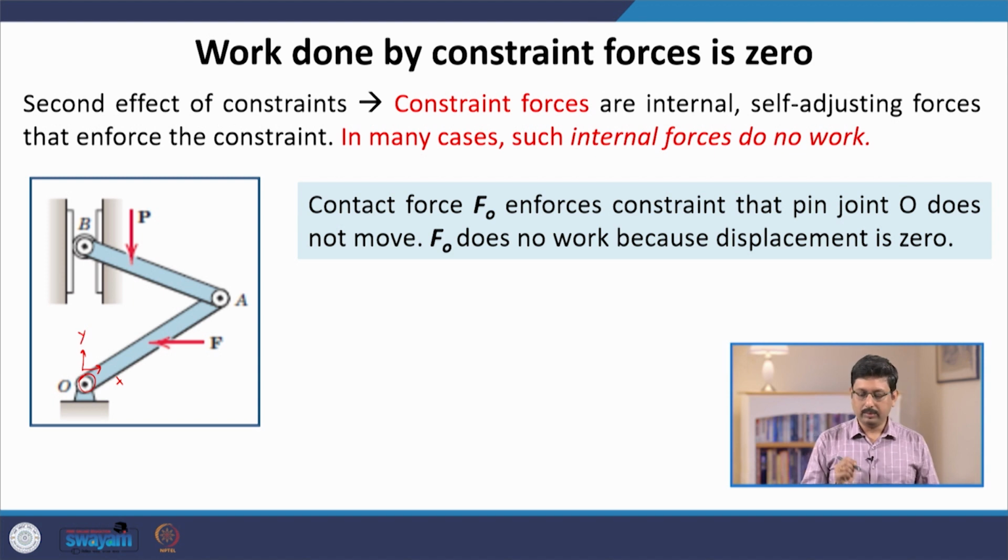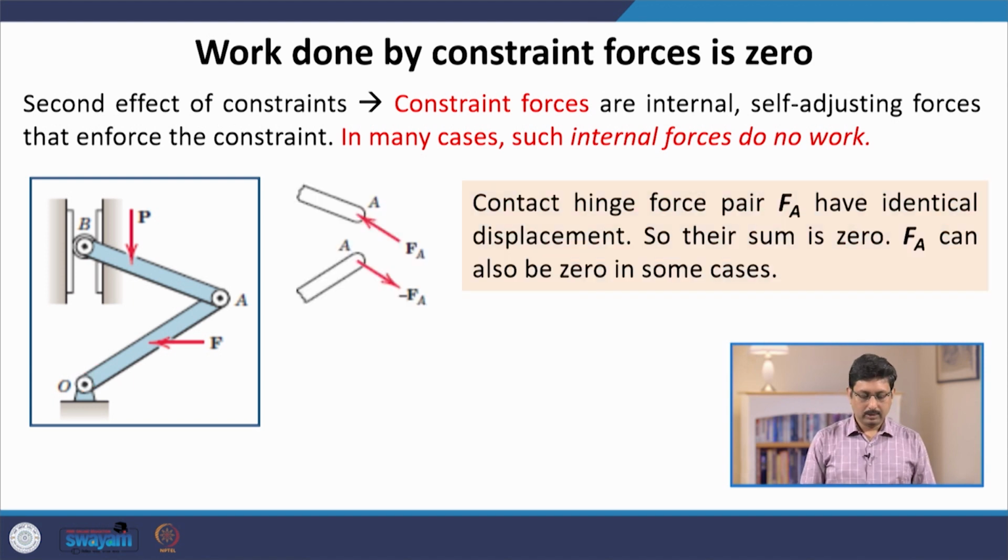However, this constraint force ensures that the spin joint O does not move. Whatever contact interaction there is between our system and this spin joint at point O does no work because the displacement is 0.